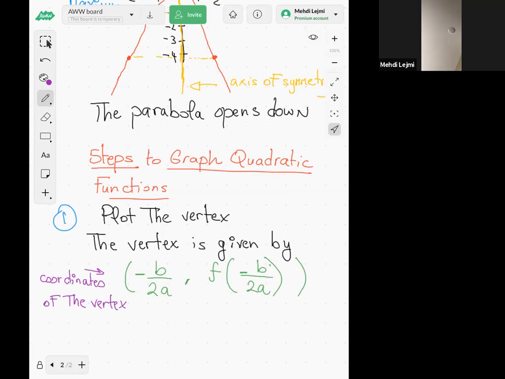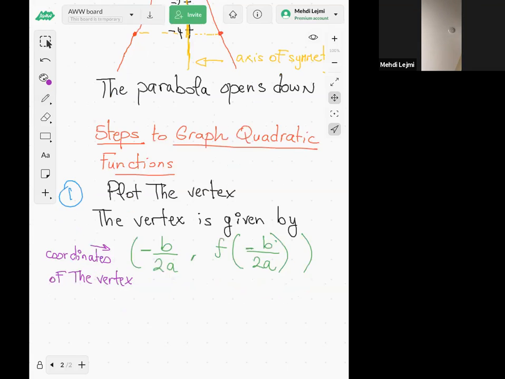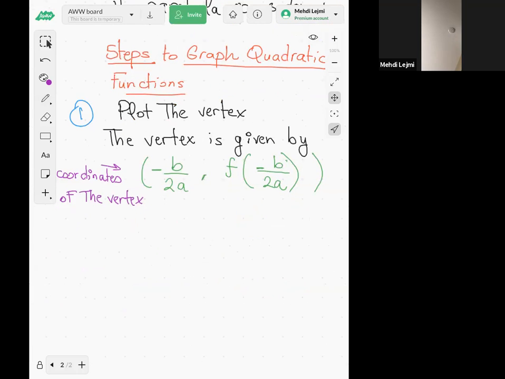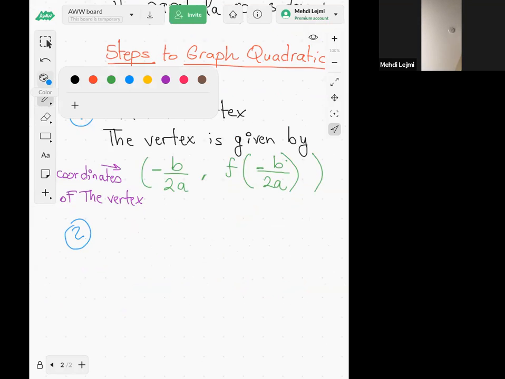Okay. So first you plot the vertex, then you need to find the x-intercepts. So the second step is to find and plot the x-intercepts.